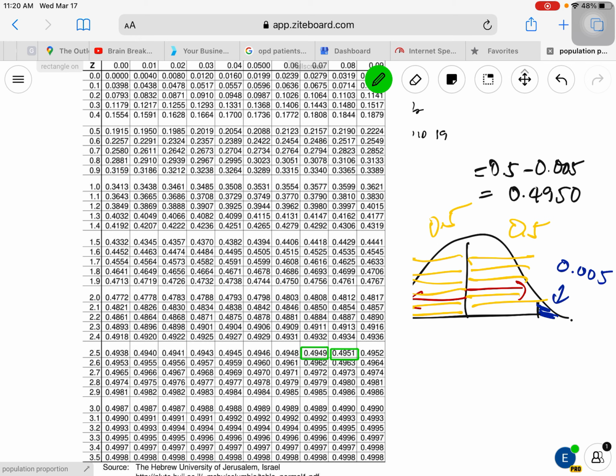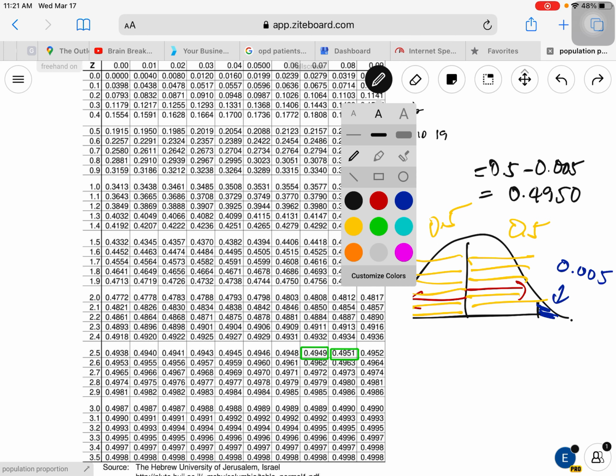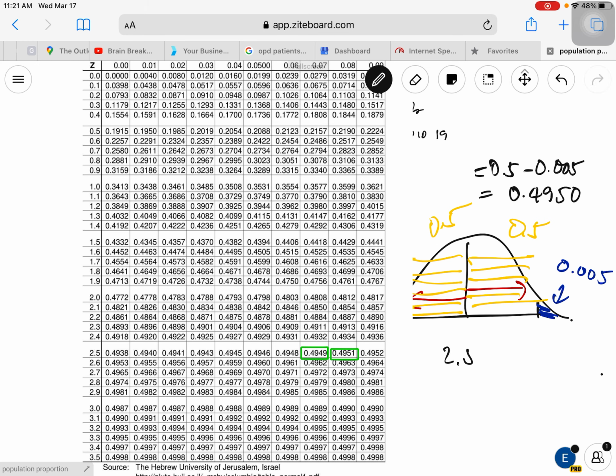We add both z-scores and divide by 2. So we have 2.57 plus 2.58 all over 2, which is 2.575. That's the z-score that we're going to use in the formula.